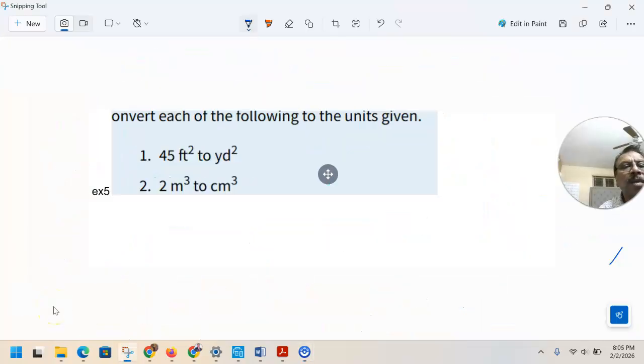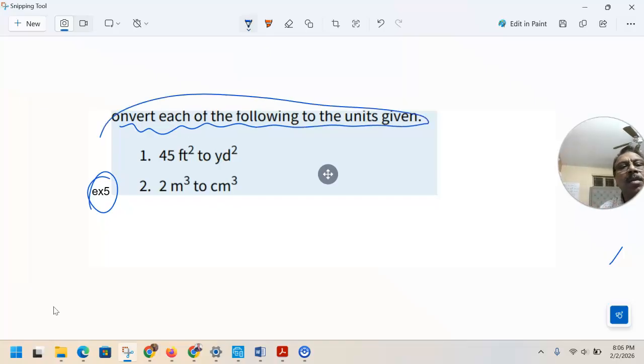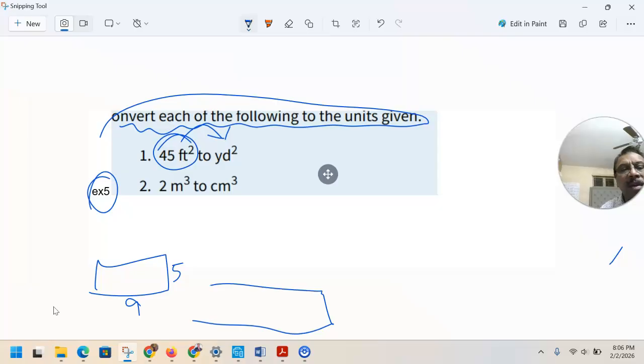So in example number 5, you have to convert the following to the units given below. So from 45 feet square, we need to convert to yard square. So this is 45 feet square. Now we don't know what this 45 is. Is it 9 times 5 is 45, or is it 15 times 3? That's the dimension, we don't know.